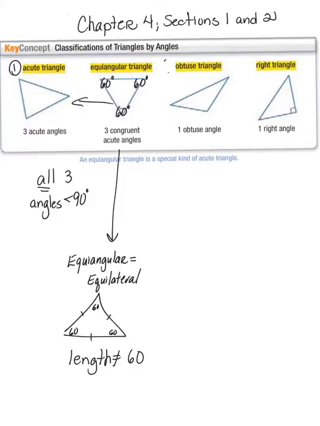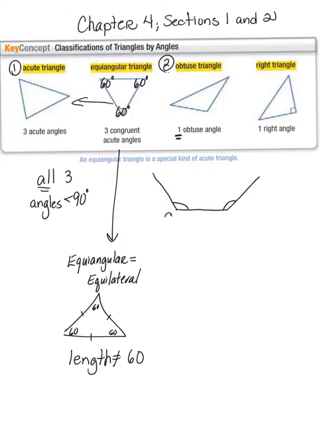Our second classification by angles is an obtuse triangle. An obtuse triangle has just one obtuse angle. Remember that we discussed what the shape of this monster would look like if we had two obtuse angles. There would be no closure to form a triangle.